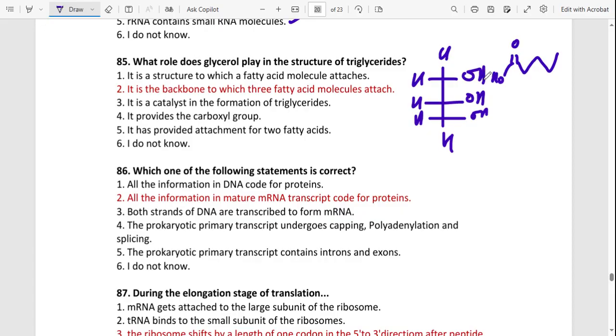Really, they don't attach, but they react. But we want the raw, not what is happening. It is a backbone to which three fatty acid molecules attach, and that's true, right? This is specifically a triglyceride, so it's three. It is a catalyst in the formation of triglyceride, really not. Provides the carboxyl group, no. It provides attachment for two fatty acids, no. This is a triglyceride, unless it was a diglyceride.